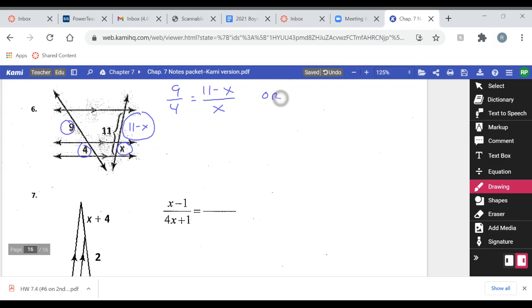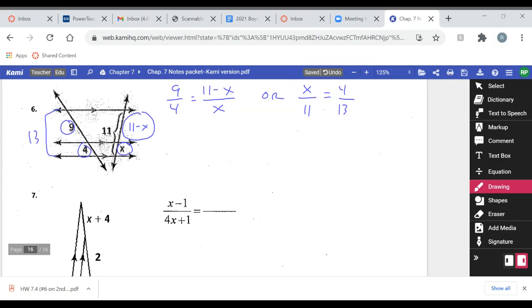Okay, or your other option for setting it up is, say I want to start on the right side and I want to start with the x. I could say x, little piece on the bottom, over 11, the whole piece on the right side. And that's equal to, I need to follow the same pattern on the left side. So on the left side, the 4 is what corresponds with the x. And then the whole left side is 9 plus 4, which is 13.